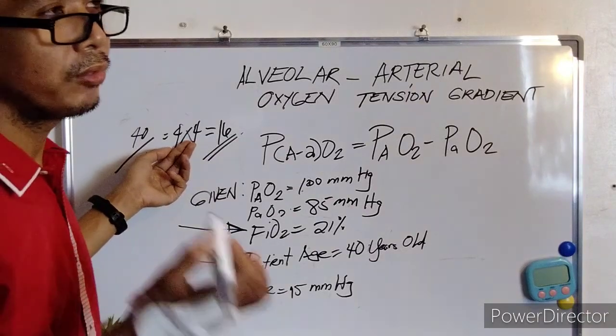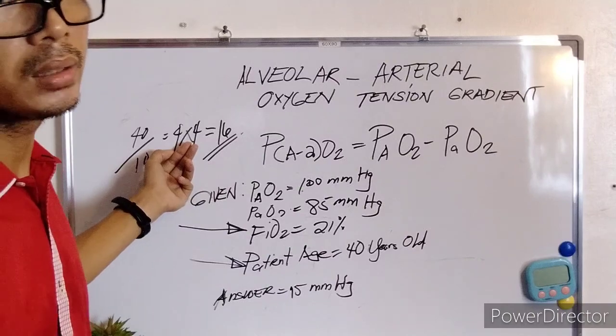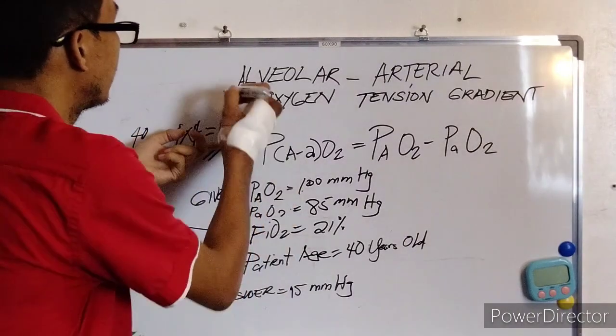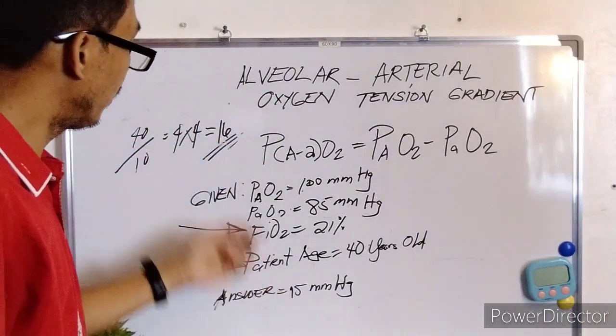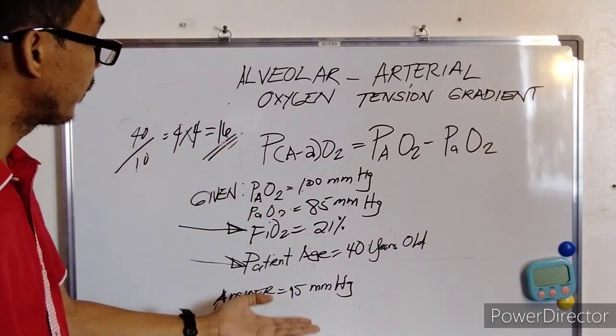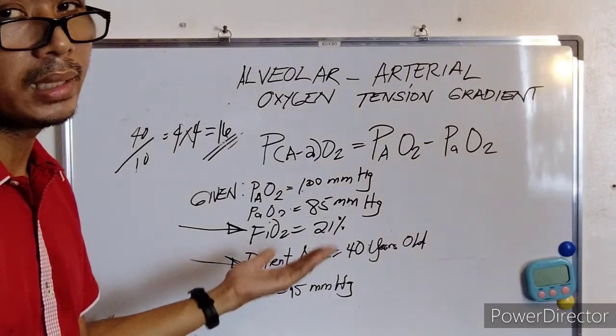So 4, then in every 10 millimeters of mercury, there is a shunt of 4%. So for this equation, the shunt is 16. Is it acceptable? Yes, acceptable value siya sa shunt mo in this case.